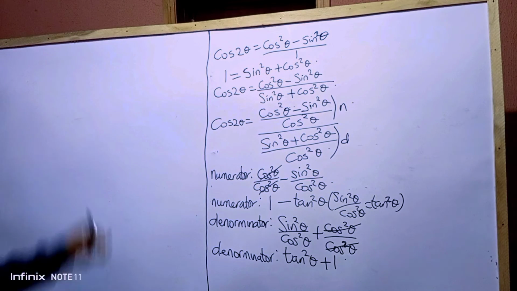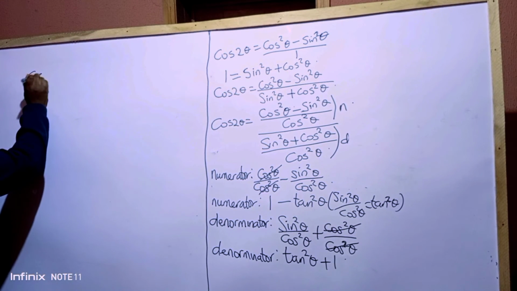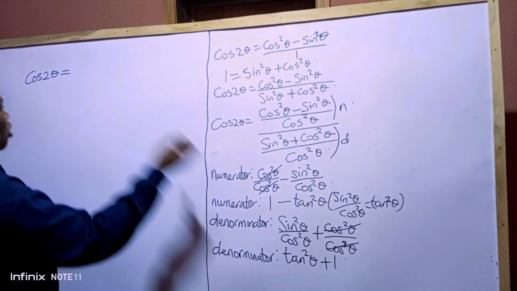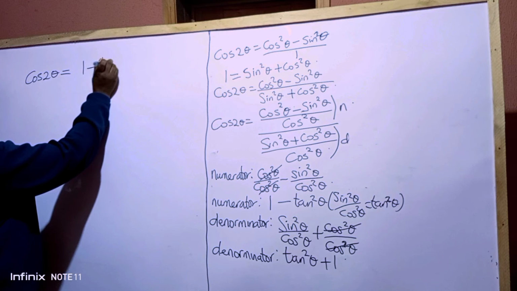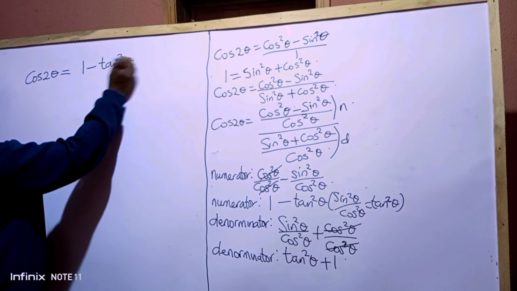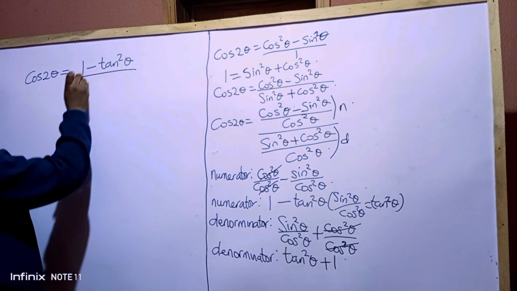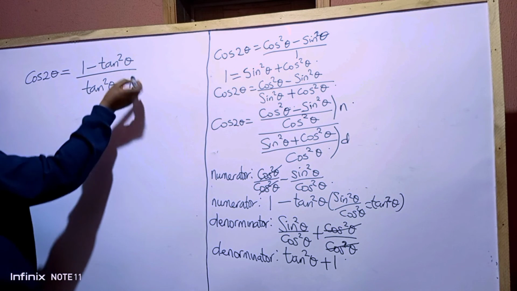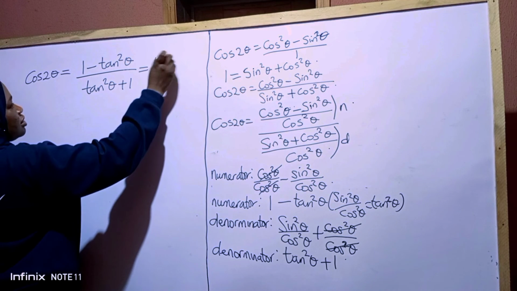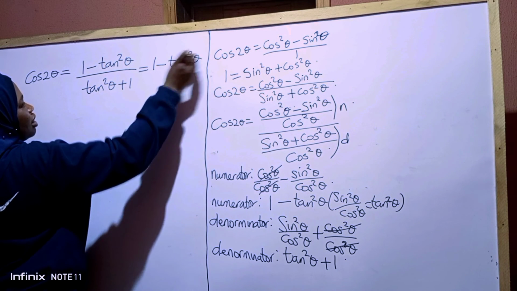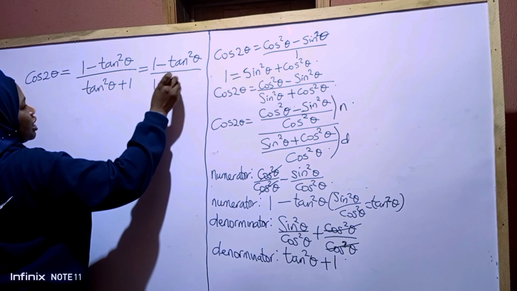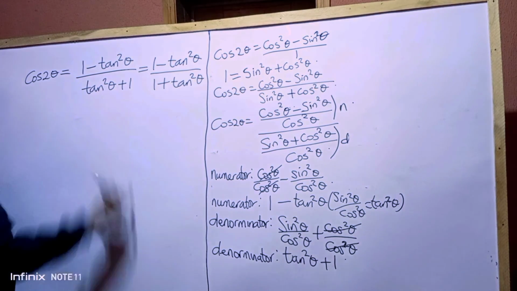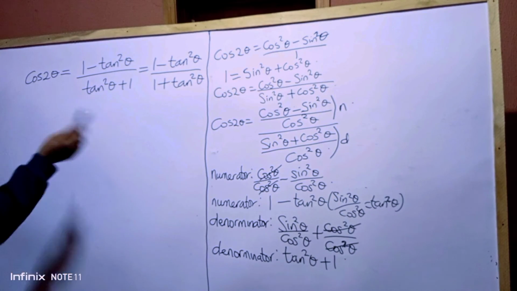So now back to cos 2 theta. The numerator is 1 minus tan squared theta, and the denominator is tan squared theta plus 1, which is the same thing as 1 minus tan squared theta over 1 plus tan squared theta, because tan squared theta plus 1 is commutative, so we can rewrite it.